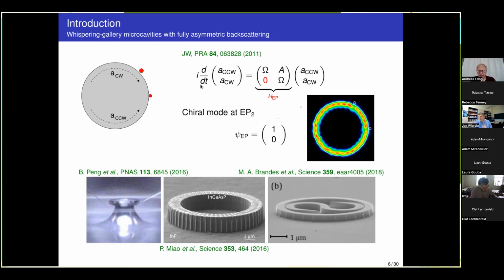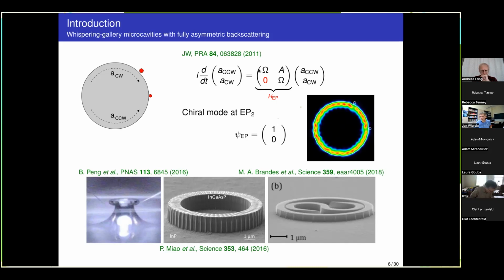So this is the differential equation for these amplitudes for clockwise and counterclockwise propagating waves. And we can always write it down in a Schrödinger-like equation with an effective Hamiltonian. And if we choose everything right, we can achieve a situation where here is a zero, meaning that there is a scattering from clockwise to counterclockwise propagating waves, but not the other way around.